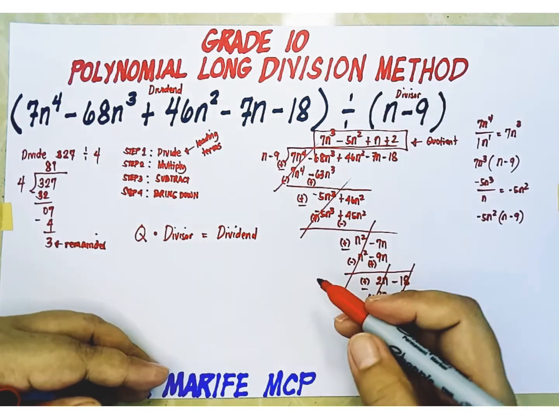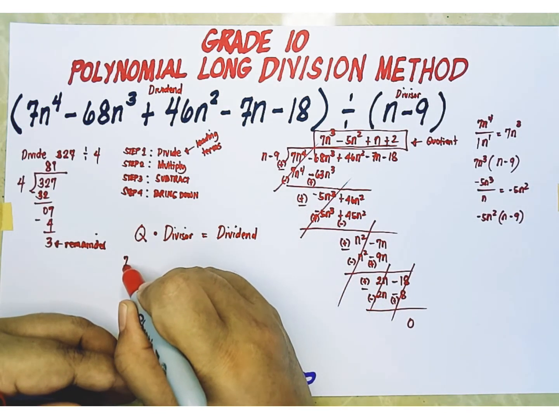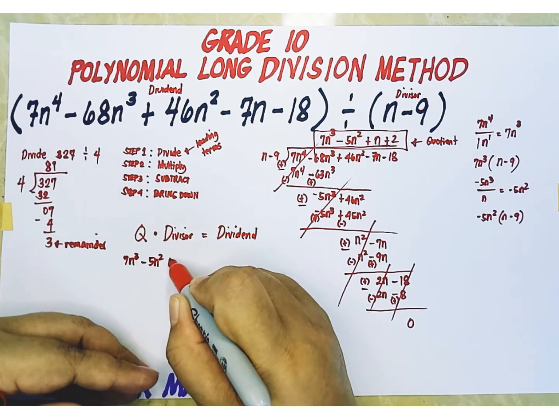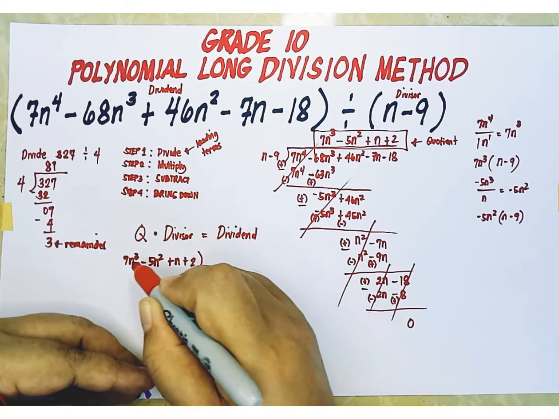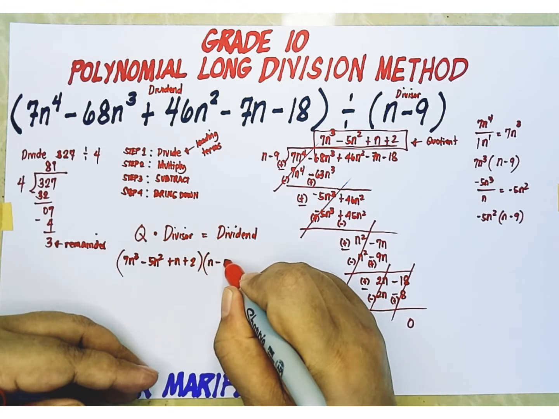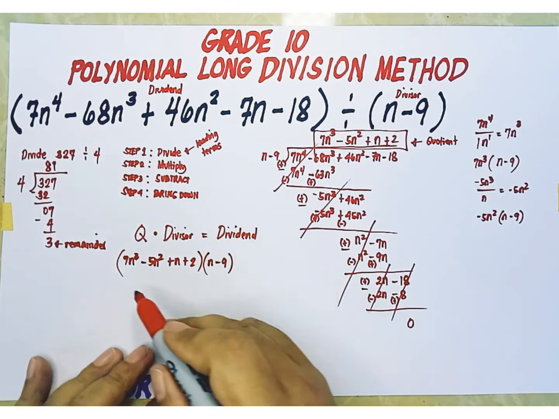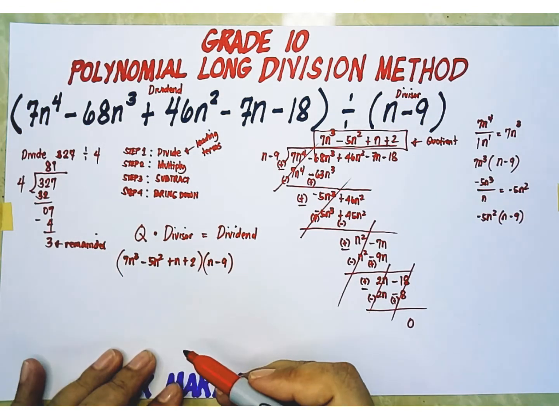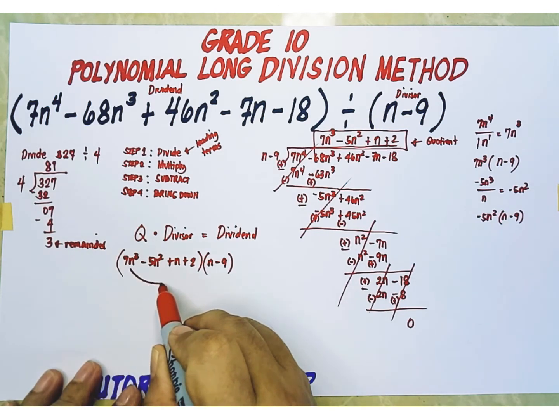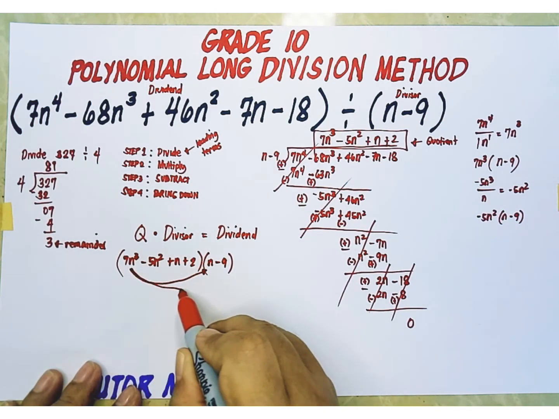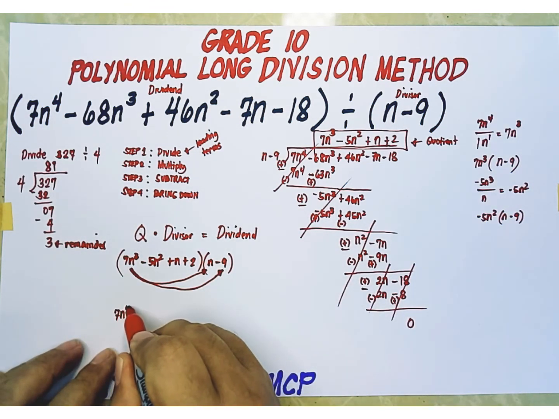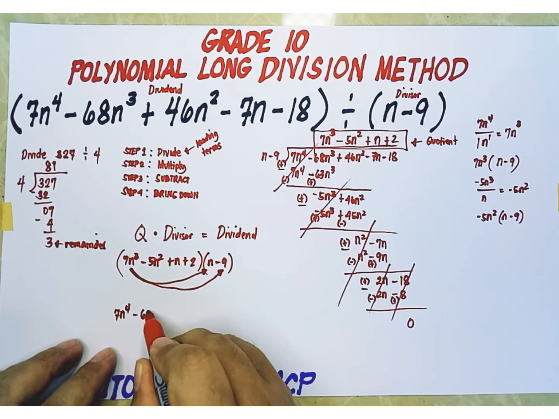So let's validate our answer. Our quotient is 7n cubed minus 5n squared plus n plus 2. We multiply by the divisor, n minus 9. So we expand the two polynomials using distributive property of multiplication. So distribute 7n cubed to the binomial. So that's 7n to the fourth power minus 63n cubed.